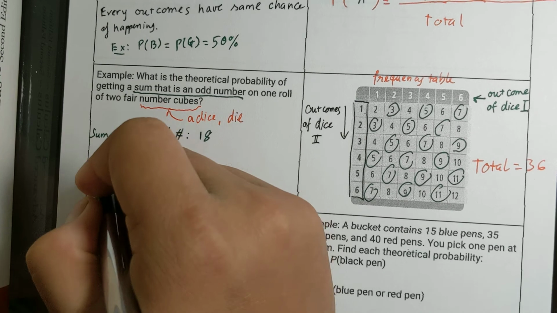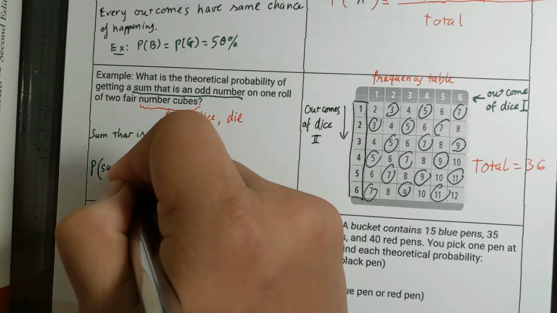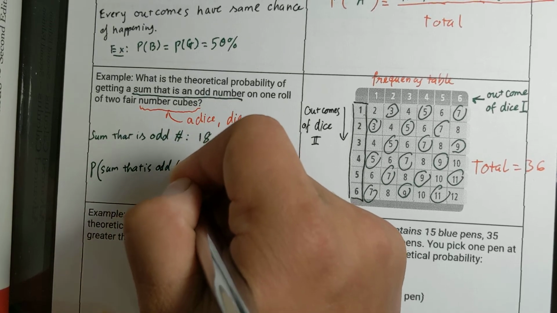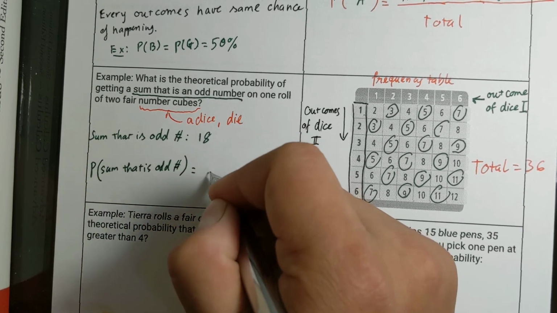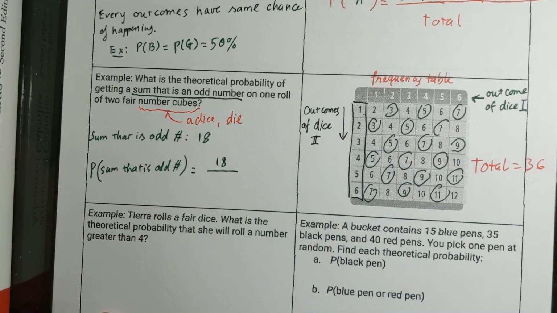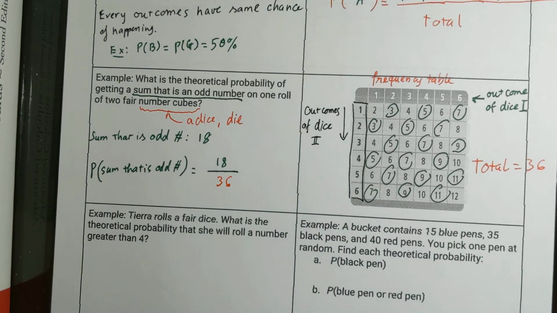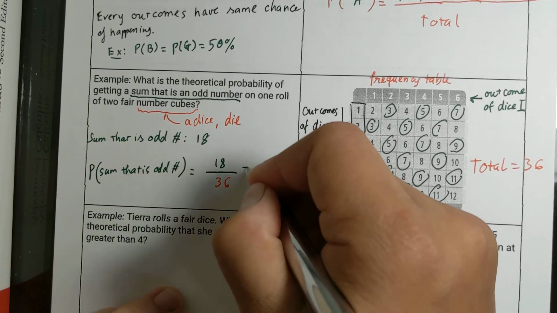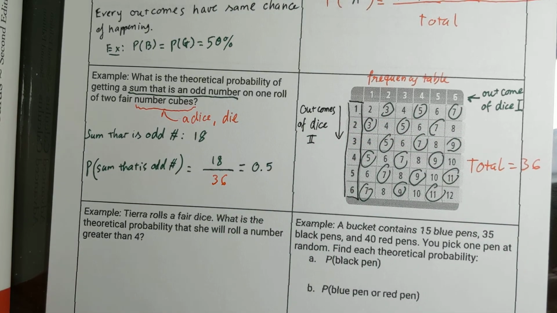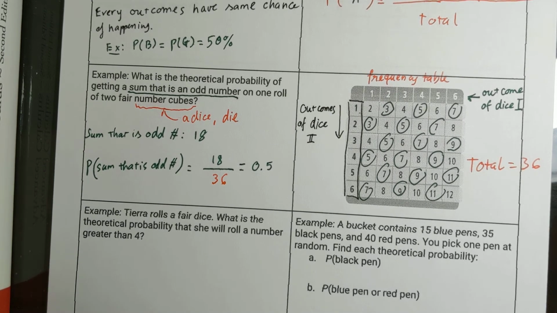So the probability of those is going to be 18 over my total, which is 36. Again, I use my calculator, and my calculator tells me it's going to be 0.5. So after that, let's jump to the next example.